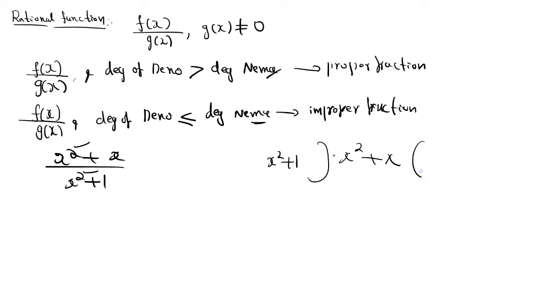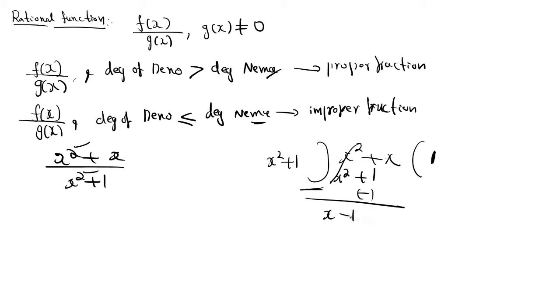First cancel this x square, so I am multiplying by 1. X square into 1 is x square, 1 into 1 is plus 1. Subtract, x square cancels, here x is remaining, and subtracting, so minus 1 is remaining.